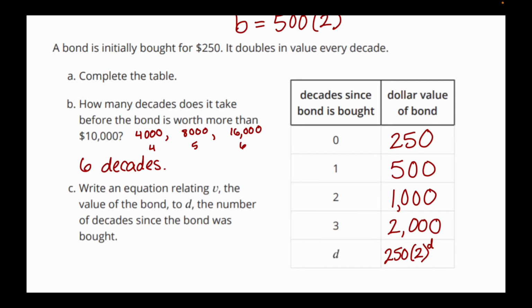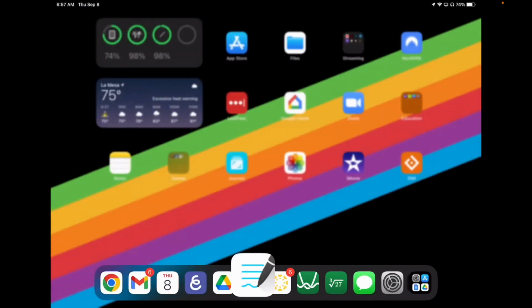So we can either say V is equal to, and we're just going to use 250 times 2 to the power of d, or you could write it as V of d if we're using function notation. So I'll put or is the same thing, 250 times 2 to the power of d, because d is our input.